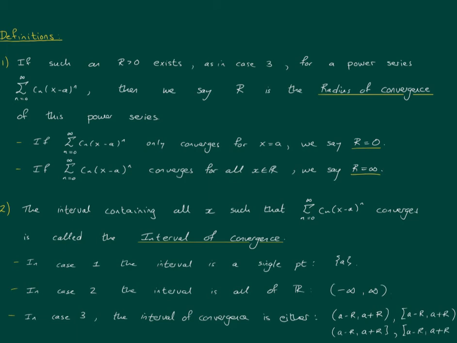Okay? So in this third case, we have 4 possible options for how the interval of convergence is going to look. Some people call the radius of convergence ROC for short. You might see this in questions, and the interval of convergence can be denoted by IOC.